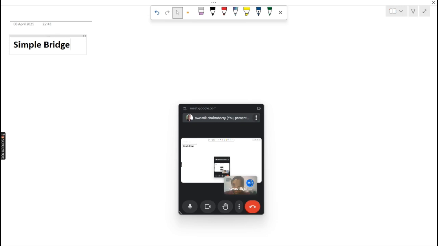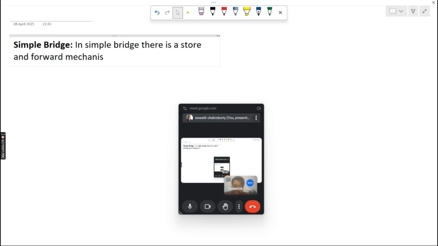In a simple bridge, there is a store and forward mechanism.